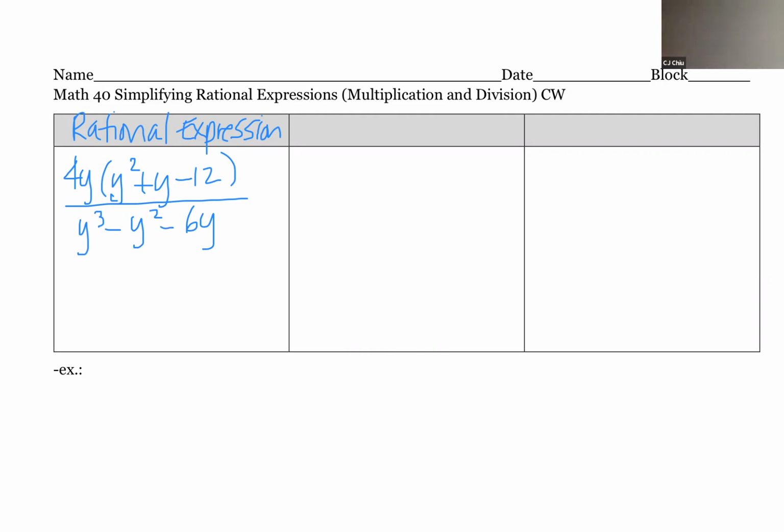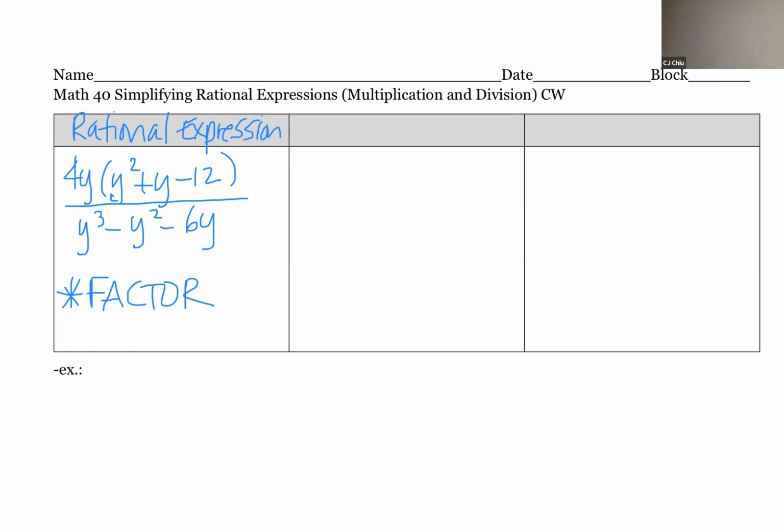So the y squared and y squared don't cancel because you have addition and subtraction in between, okay? So what you need to do is factor first before you start canceling, okay? So remember GCF, big X, slide divide, bottoms up kind of stuff, okay?